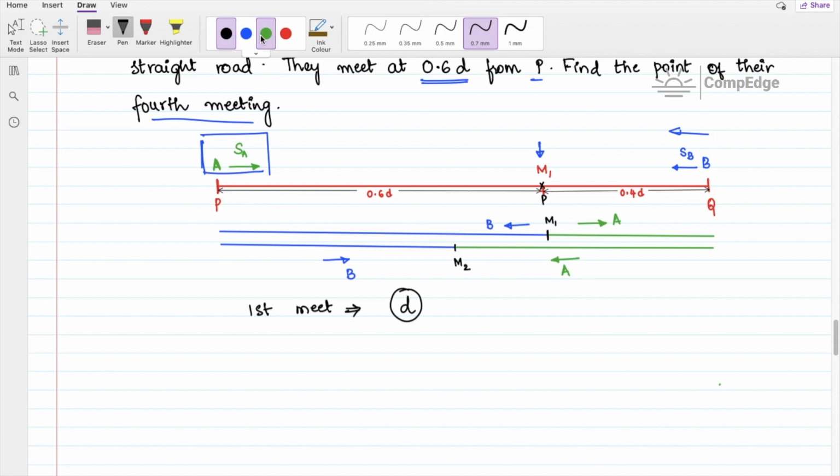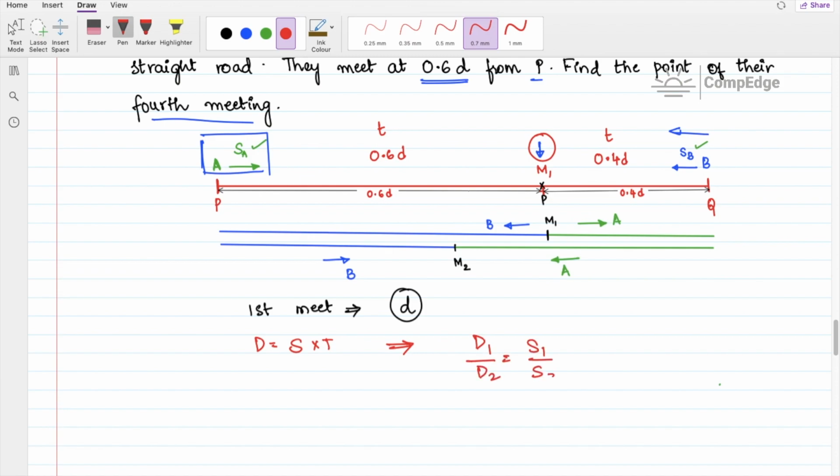Now suppose I take the speed of A as SA and speed of B as SB. A covers 0.6d in a particular time t and B covers 0.4d in the same time t, so that they both meet at this point. If distance is equal to speed into time, then d1 by d2 is equal to s1 by s2, because here the times are same.